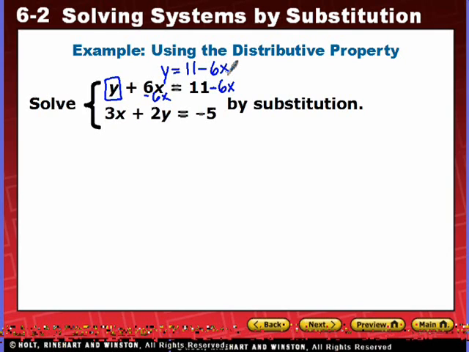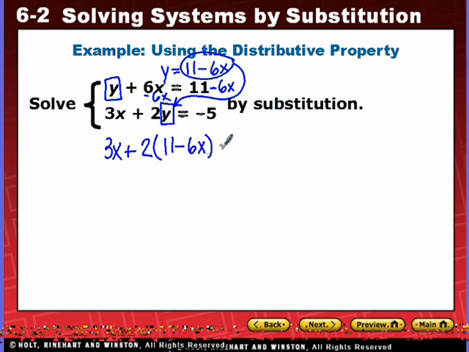Now I'm going to plug that in for y. So I'm taking 11 minus 6x, and I'm putting it in place of y. That looks like 3x plus 2, and then y is 11 minus 6x, equals negative 5. Distribute. 3x plus 22 minus 12x equals negative 5.